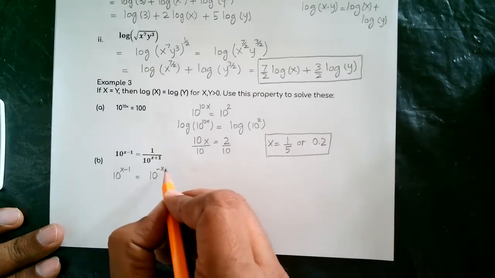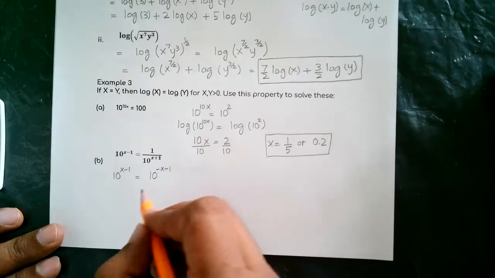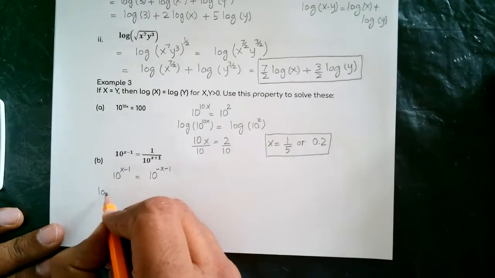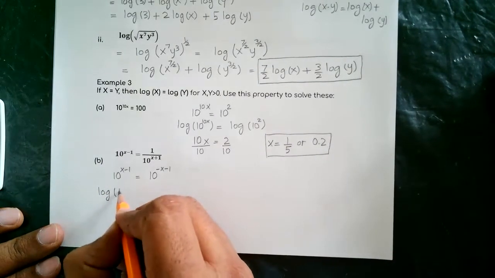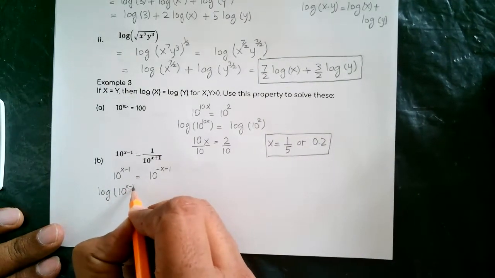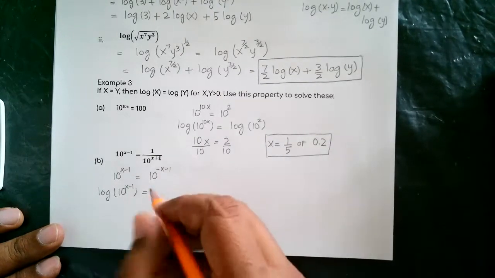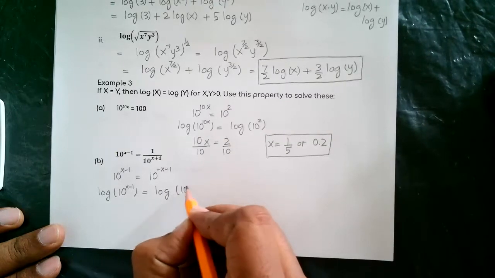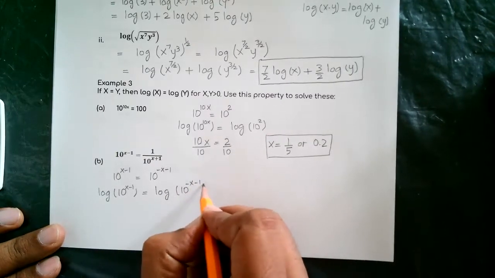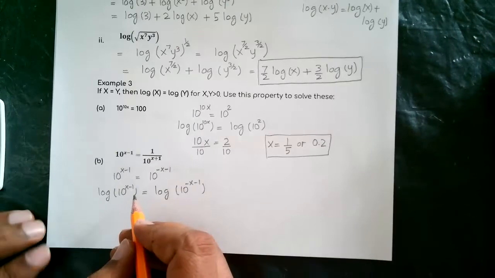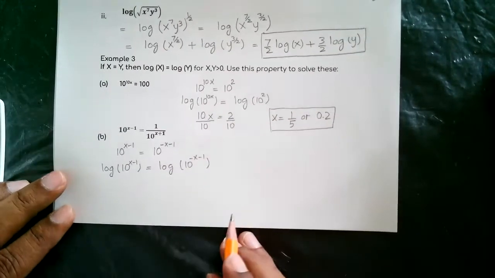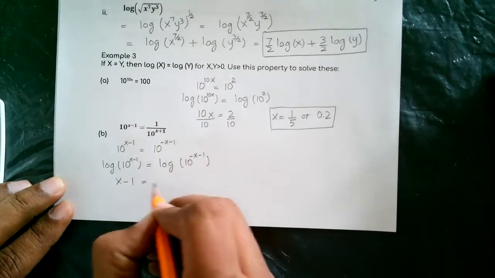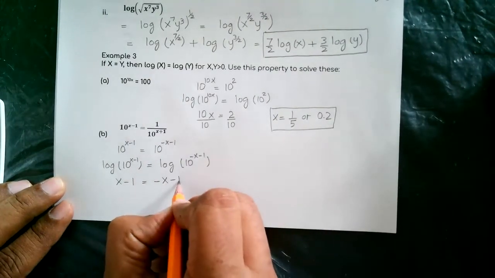So plus x plus 1 will change to negative x negative 1. Then you take log on both sides. So you will have log of 10 exponent x negative 1 is equal to log of 10 exponent negative x negative 1. So now again, log and the base 10 cancel each other out. So you will have x negative 1 is equal to negative x negative 1.